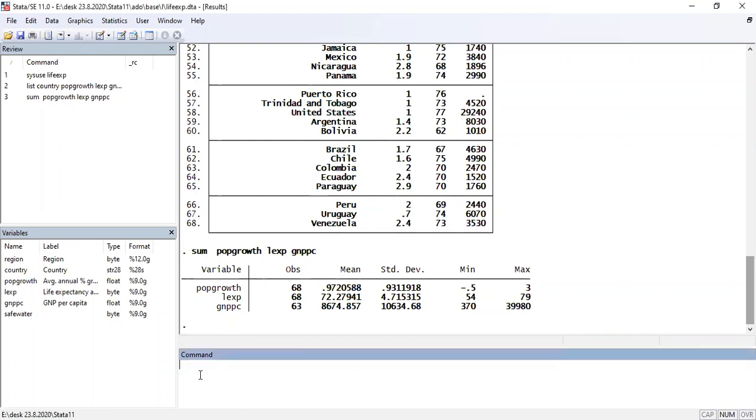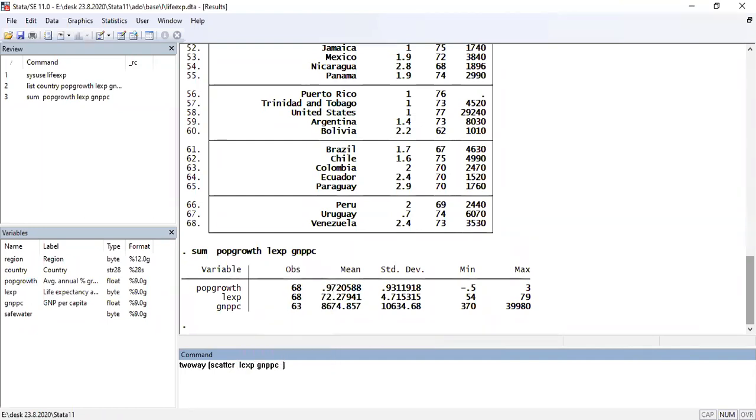We would like to see whether there is some relationship, a visual inspection, just looking at the scatter points to see a relationship between GNP per capita and life expectancy.